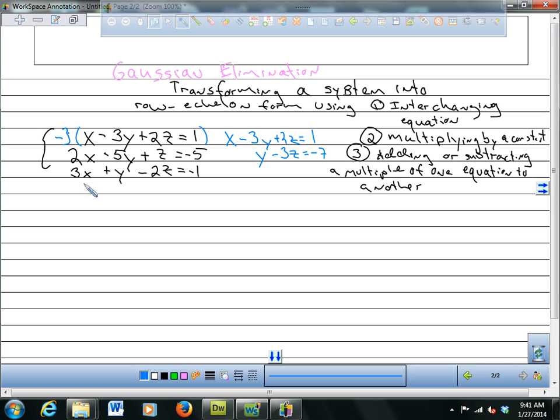So I have negative 3x, positive 3x disappears, and I get positive 9y and positive 1y, which makes 10y. Let me make sure I'm doing this right. Okay, that's right, 10y. And then I have negative 3 times this makes negative 6z, whoops, I'm looking at this one.